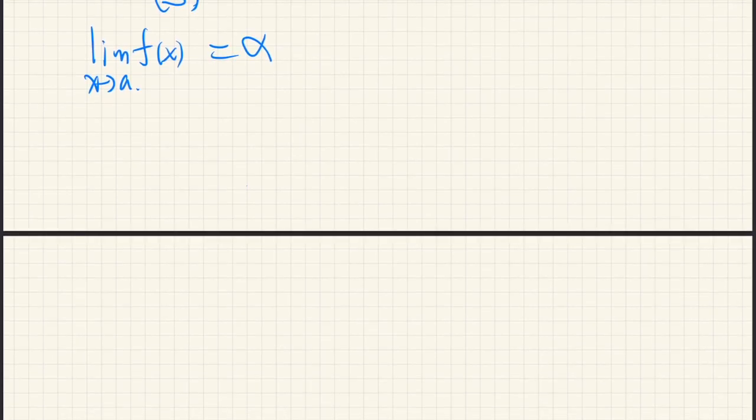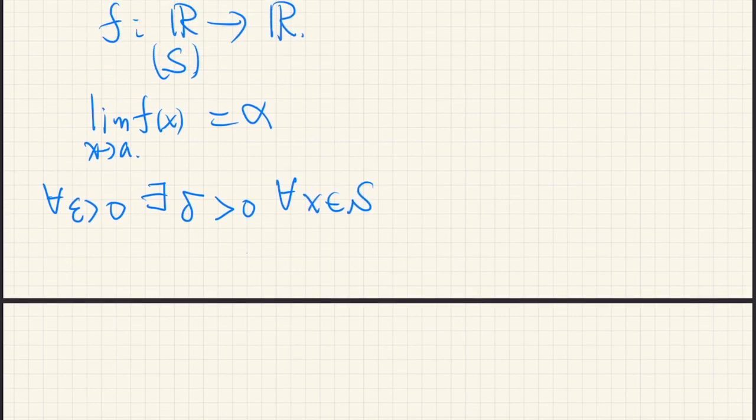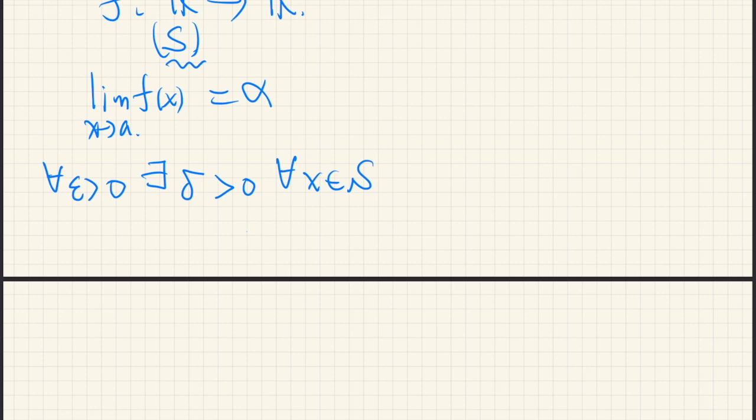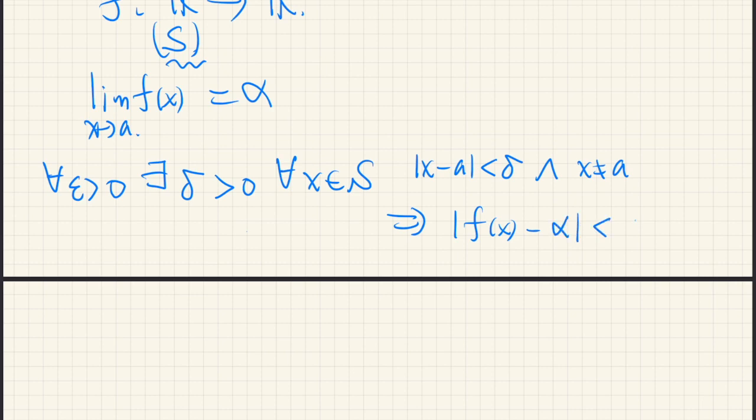So what we meant by this was the following. For any epsilon that is positive, there exists a delta that is positive, and for all x in the domain, let's say S, for all x in the domain, if the absolute value of x minus a is less than delta and x is not equal to a, then the absolute value of f of x minus alpha is less than epsilon.